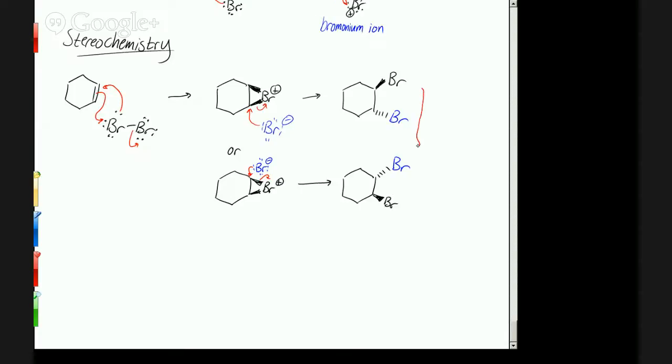Well, yeah, are they chiral, first of all? Yeah. No, they are chiral. They are chiral. And they're enantiomers. There is a third stereoisomer that is not formed in this reaction, and that is the one where they're both up or both down.